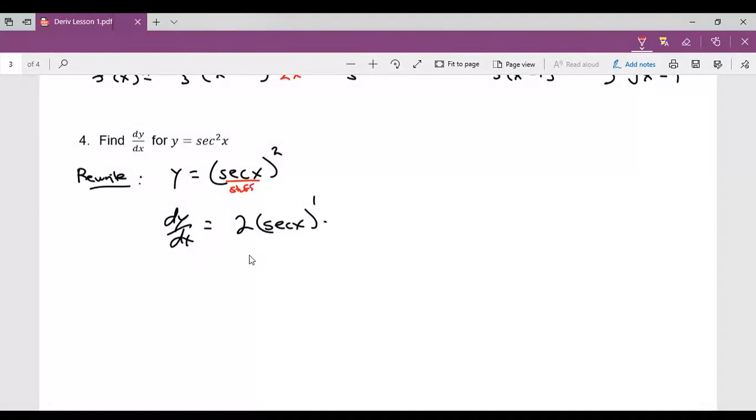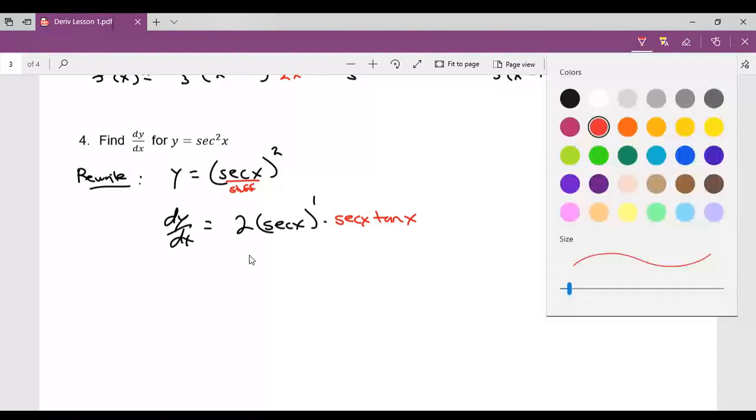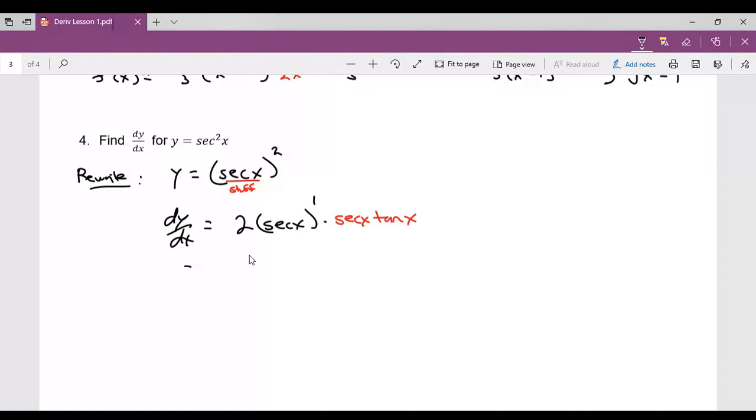So the derivative of secant x, I have that memorized. It's secant x tangent x. And that's what I would get from calculus. And now I can spruce this up. Raising to the 1 power is not doing much. Secant x times secant x is going to be secant squared x tan x. And that's just a little bit of sprucing, if you will. All right. And that's it. That's using the chain rule.